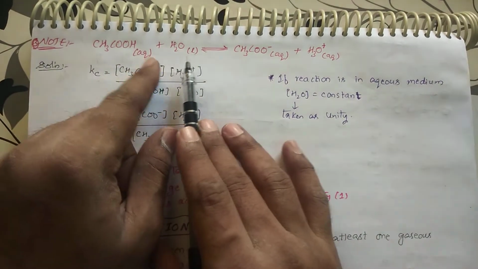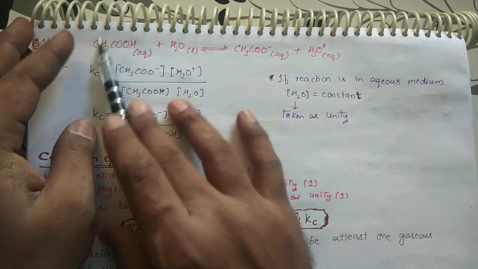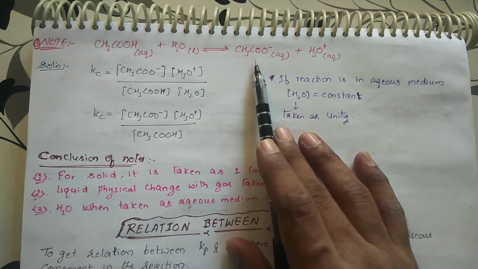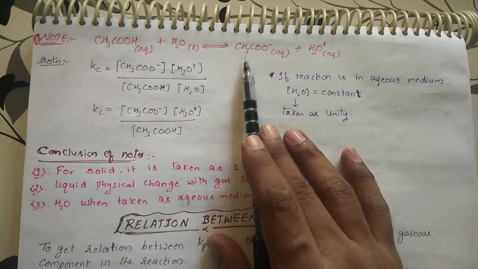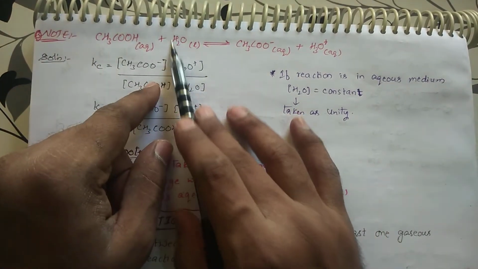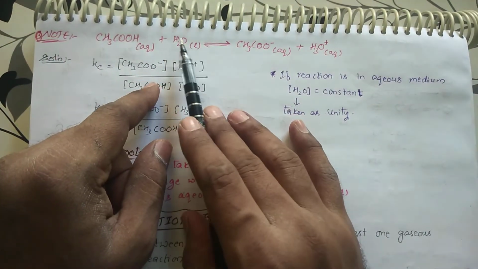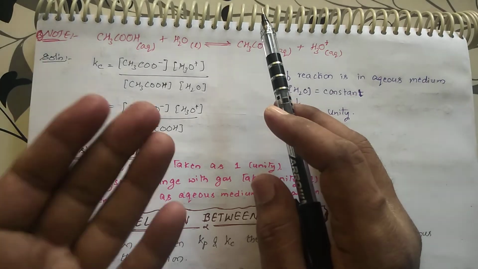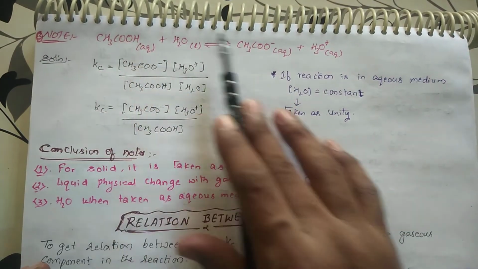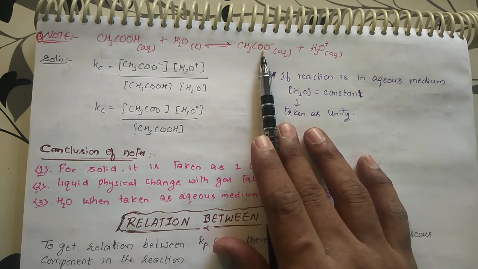See, in this condition, CH3COOH is getting converted into CH3COO minus. In this medium, in water, we are adding acetic acid to the water. Water is not getting involved in the reaction. Water is the medium where acetic acid is getting converted to this one, right?